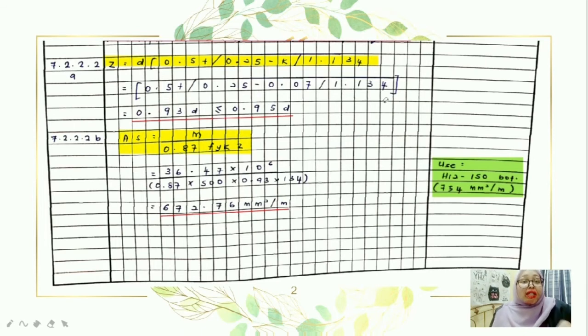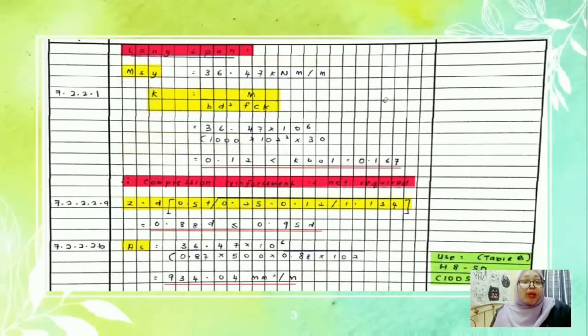And the area of steel in this short span, we got 672.76 mm square per meter. So we can assume that we will use H12-150, where the area is 754 mm square per meter. Next, for the long span, the moment MSY is 36.47 kN per meter and K is equal to 0.12, which is less than K bal 0.167.